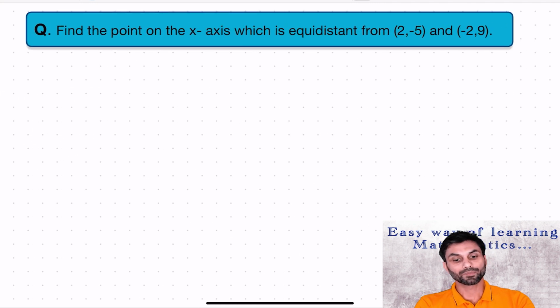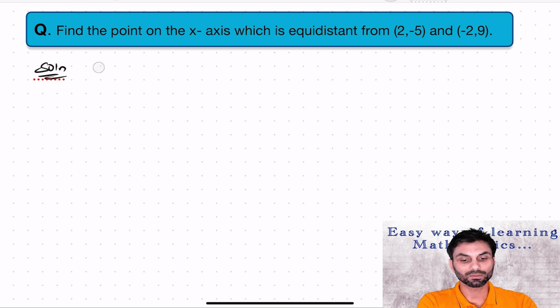Next question is, find the point on the x-axis which is equidistant from (2, -5) and (-2, 9). These types of questions are very familiar as they involve some of the basic concepts of coordinate geometry. Here it is saying find the point on the x-axis.